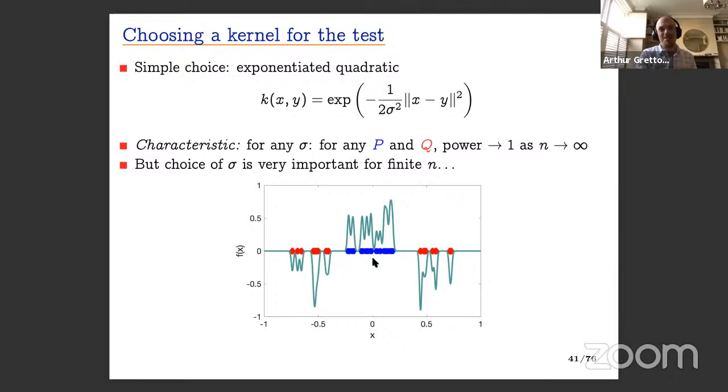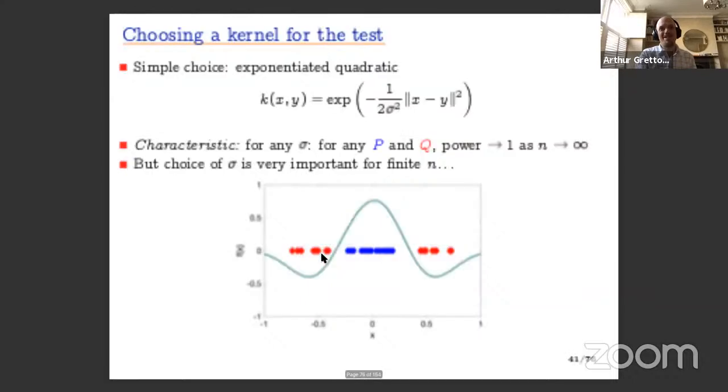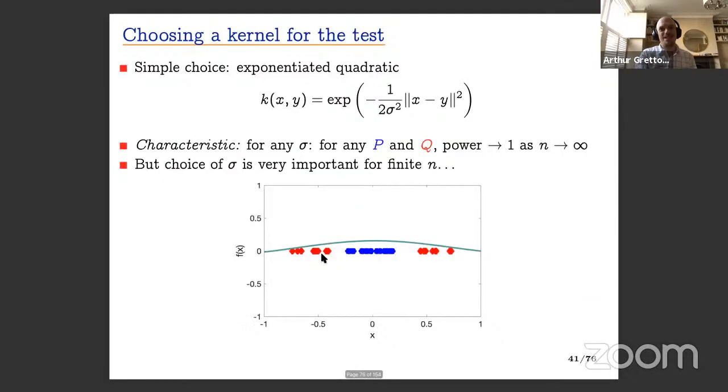And so it's going to be hard to distinguish the MMD when blue and red are genuinely from different distributions from the MMD I get when blue and red are from the same distribution, because I'm going to get a large MMD whatever I do. So this is about right, this is too broad, this is too narrow, and I want to find a way to choose the right kernel among all of these options.